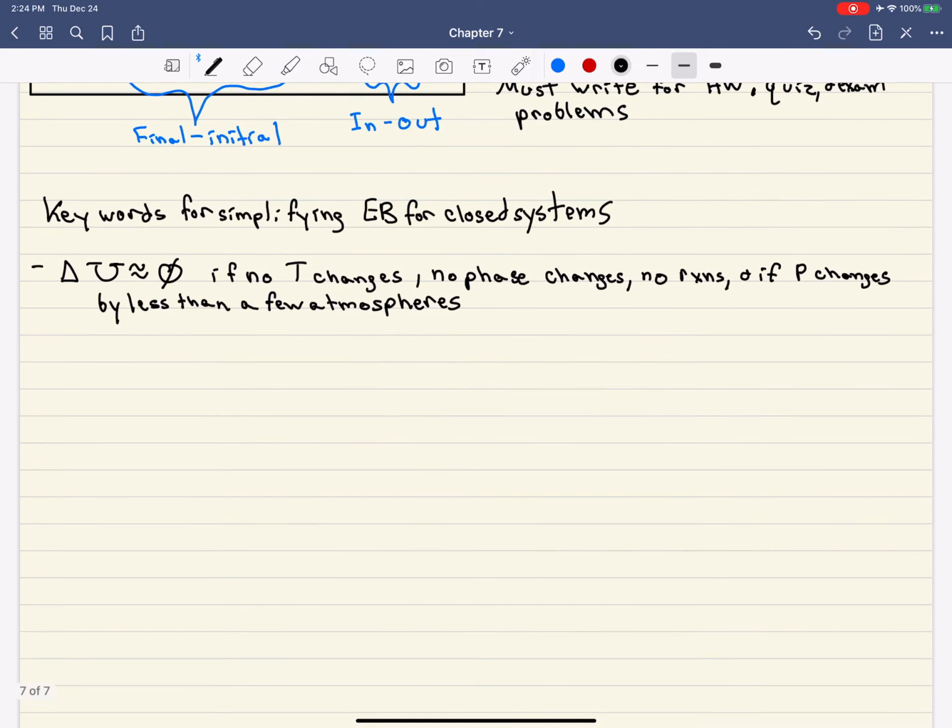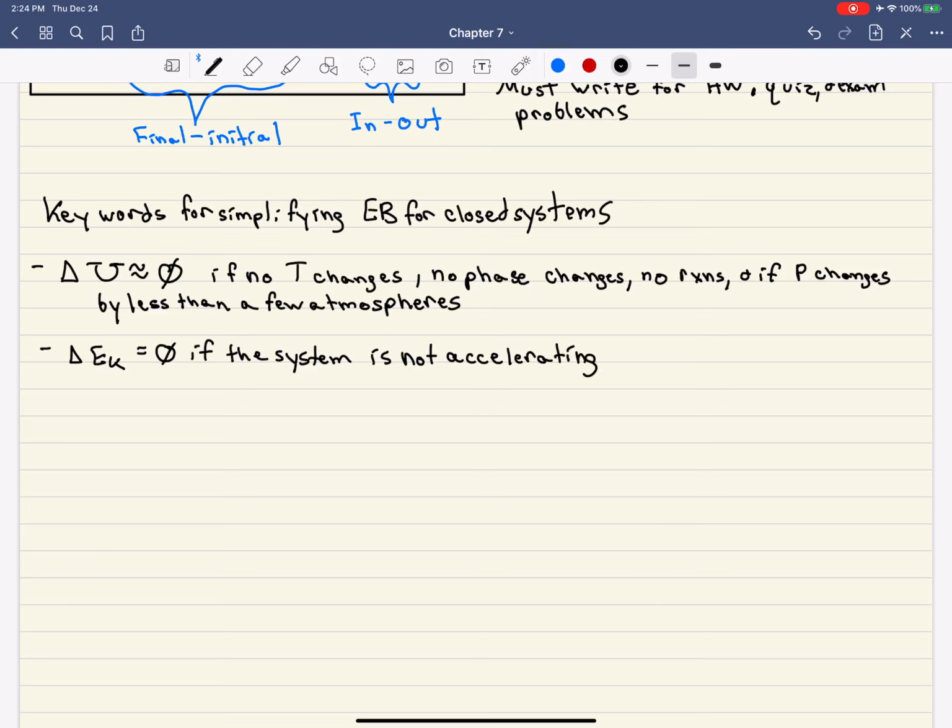Okay? For kinetic energy, this will be equal to 0 if the system isn't accelerating. Right? Because if there's no acceleration, that means there's no change in velocity.